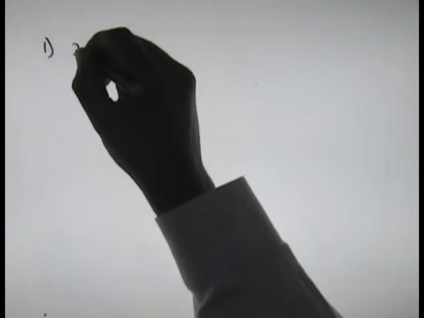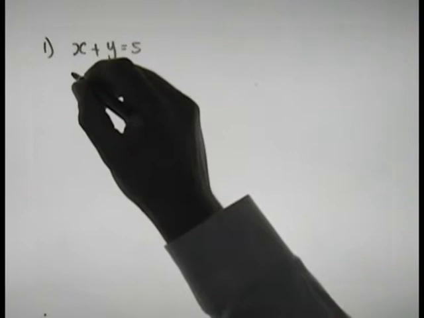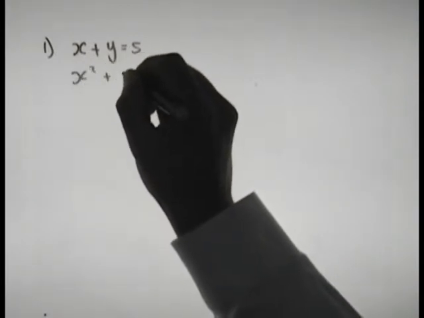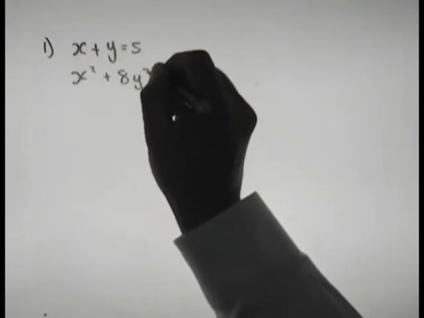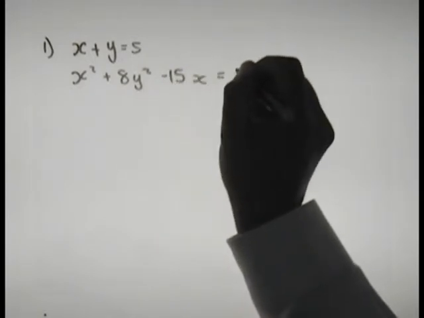The first simultaneous set of equations I gave you to do read x plus y is equal to 5 and x squared plus 8y squared minus 15x is equal to 6.